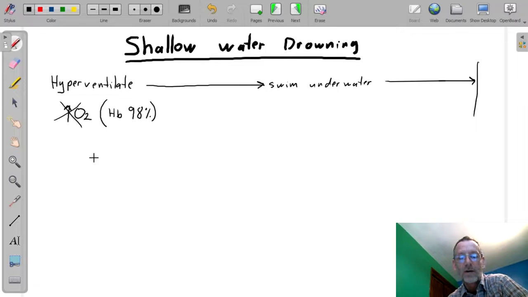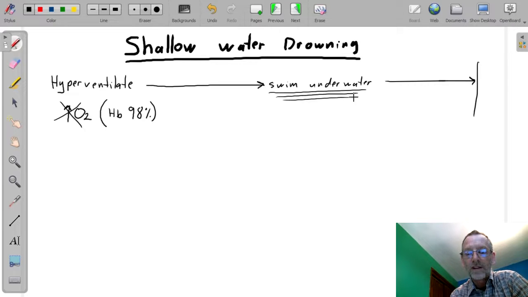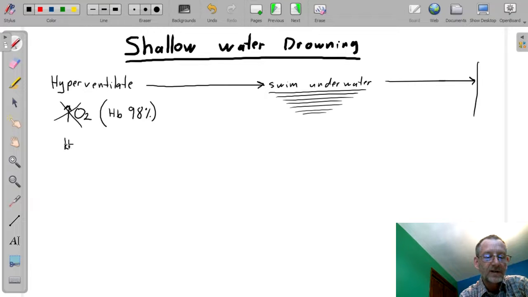So we were not adding oxygen to our hemoglobin. So what were we doing? And why were we able to swim underwater and hold our breath without this overriding desire to come to the surface and take a breath, which is the normal response? Well, we were hyperventilating and we were blowing off the CO2.